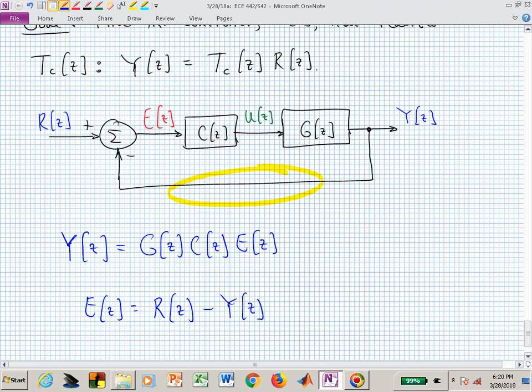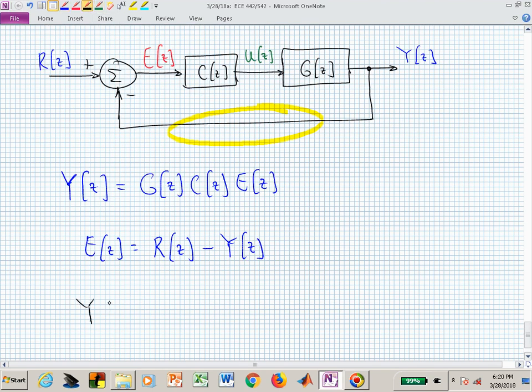I think I'm going to get sloppy and drop the arguments, the Z's. But now we have a way to replace E in the first equation with R minus Y, and we'll have one equation containing only R's and Y's, and that will allow us to find a transfer function between the two.